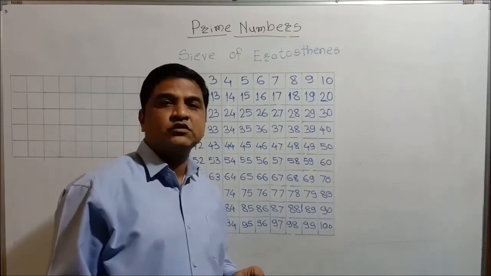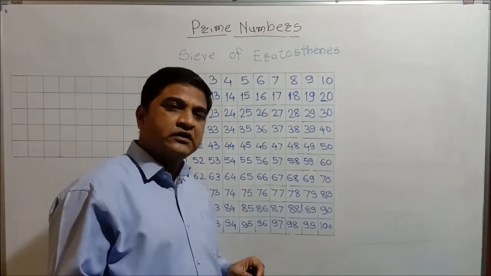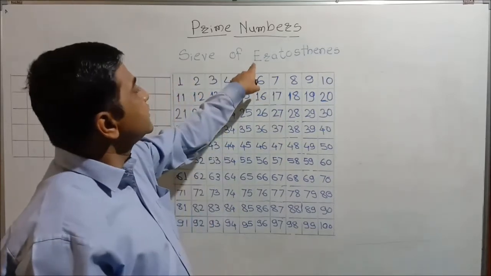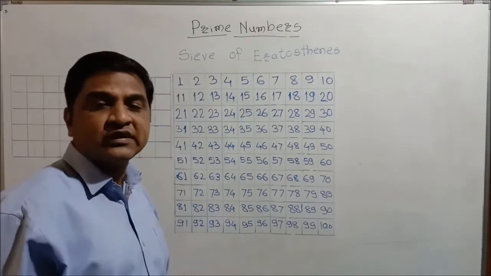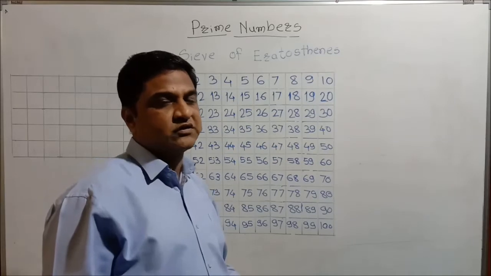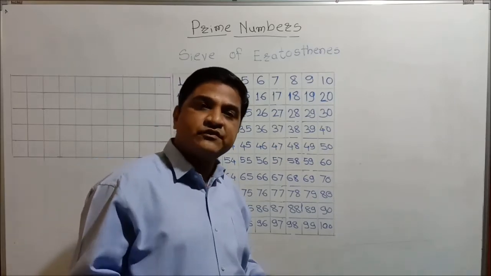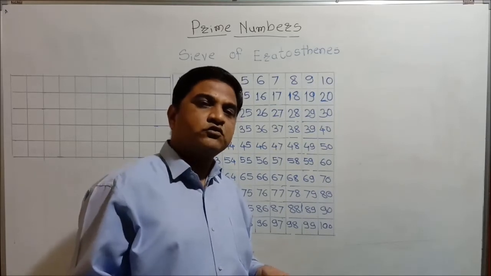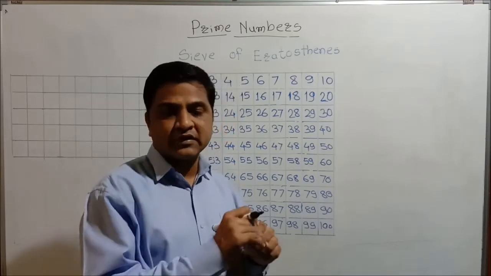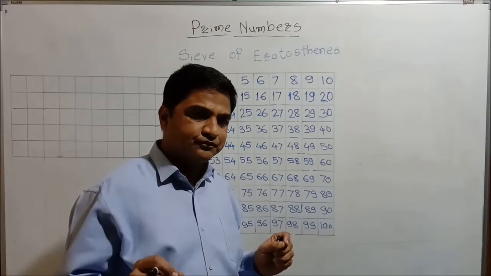Well, this method was proposed by a Greek mathematician known as Eratosthenes, and this method is known as the sieve of Eratosthenes. What is meant by sieve? Sieve means to separate out, a filter. So in this method, we are going to filter out all the prime numbers.